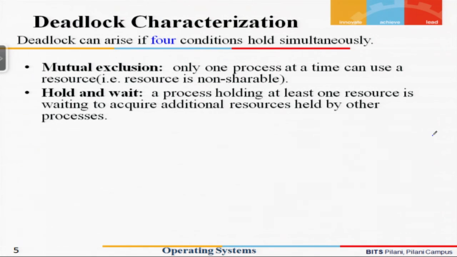The second condition is hold and wait. That is, there must exist a hold and wait condition in the system. That is, a process is holding a resource and waiting for some other resource to become available. We can very clearly see that if there is a process which is not holding any resources, then it cannot be a part of a deadlock.